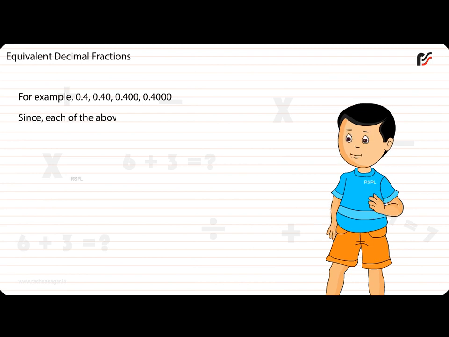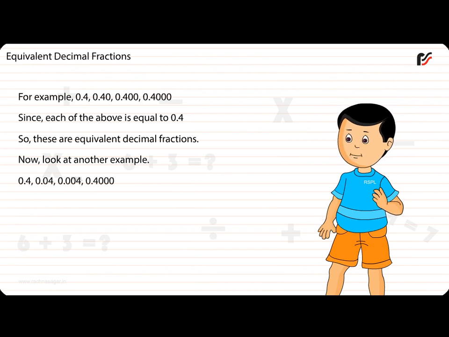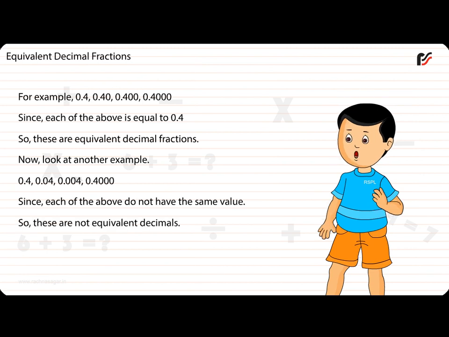Since each of the above is equal to 0.4, these are equivalent decimal fractions. Now, look at another example: 0.4, 0.04, 0.05, 0.004, 0.4000. Since each of the above does not have the same value, these are not equivalent decimals.